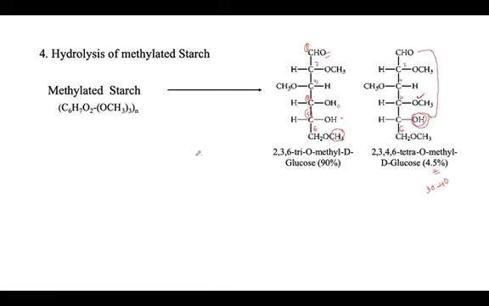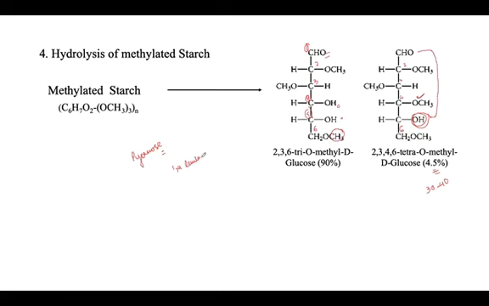So from here we can say that in starch, the glucose units may be in pyranose form, which is also obtained by hydrolysis, that is, they are not really hydrolyzed. Then the linkage type is a 1,4 linkage.